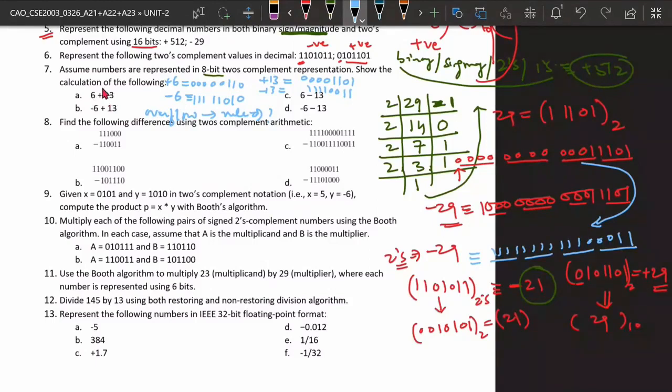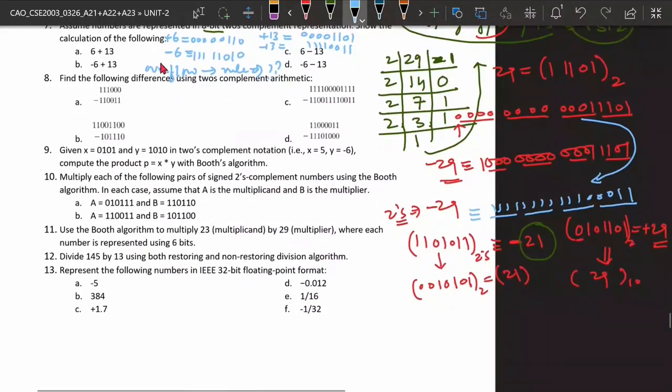Once the numbers have the same sign, then only there will be an overflow. In this 8-bit representation there will be no need to check overflow, because it can accommodate all these addition results. So you can just go through the overflow rules also.